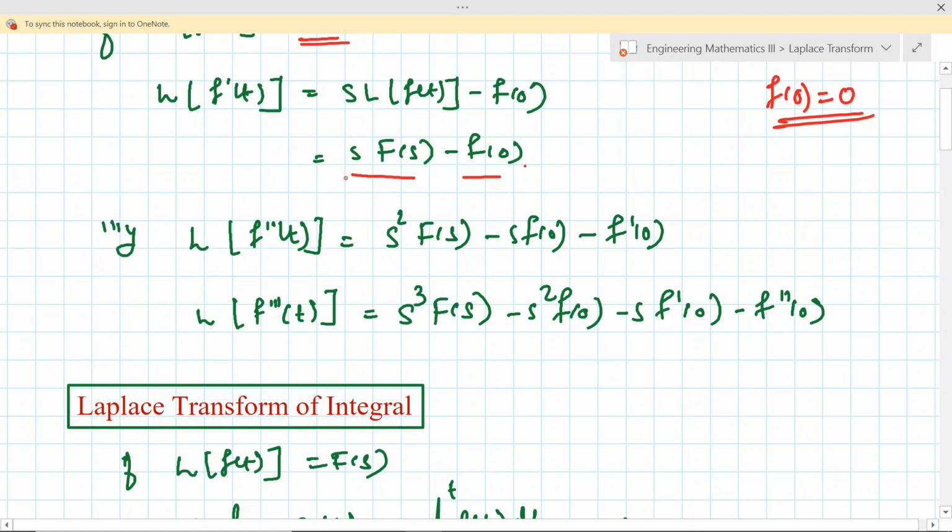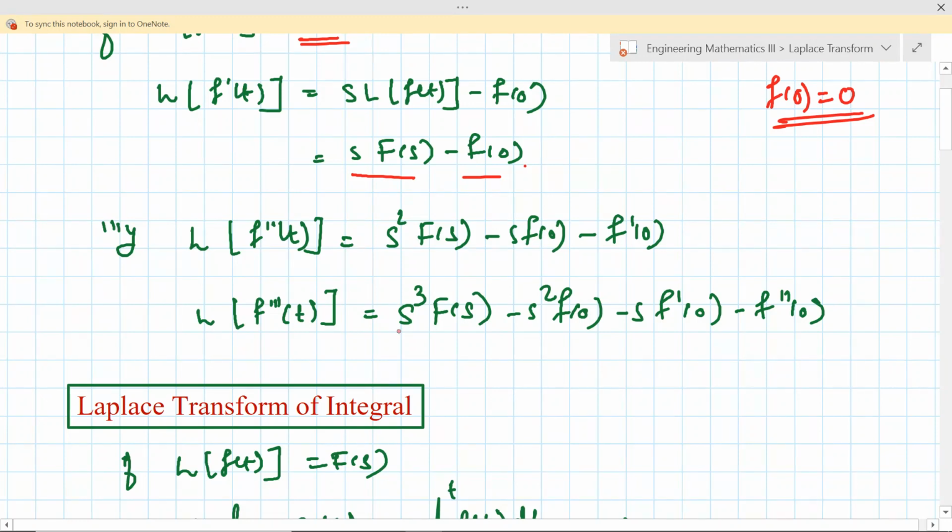For the first derivative, there is only s F of s minus f of 0. For the second derivative, s square is there into F of s, then the power of s goes decreasing, s f of 0, and then take the derivative of f of t and replace t by 0, f dash of 0. The same holds for f triple dash of t: s cube F of s minus s square f of 0.